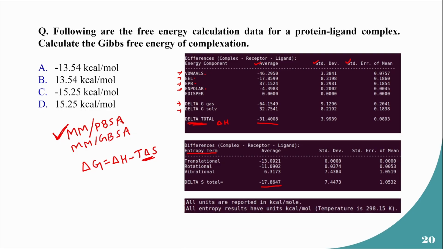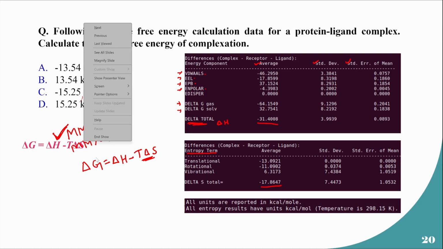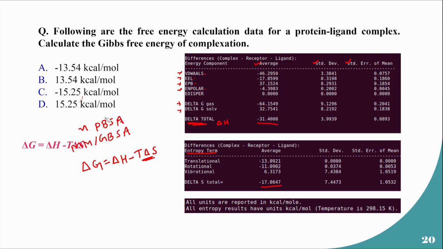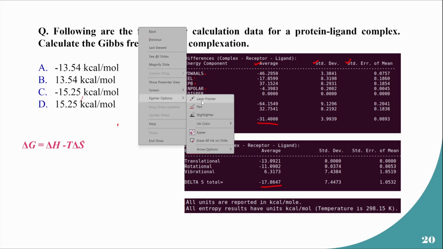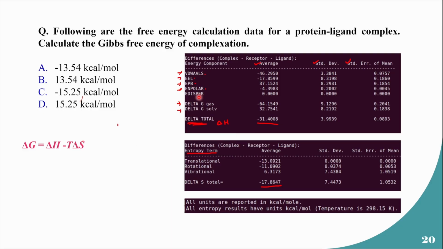Yeah, so in this case, all units were in kcal per mole, and the temperature was 298.15 Kelvin. But basically, if you use the formula here, so let me just erase this one. So if you use this formula here, you will see, of course, the delta H value is minus 31, and then the T delta S is minus 17.8647.